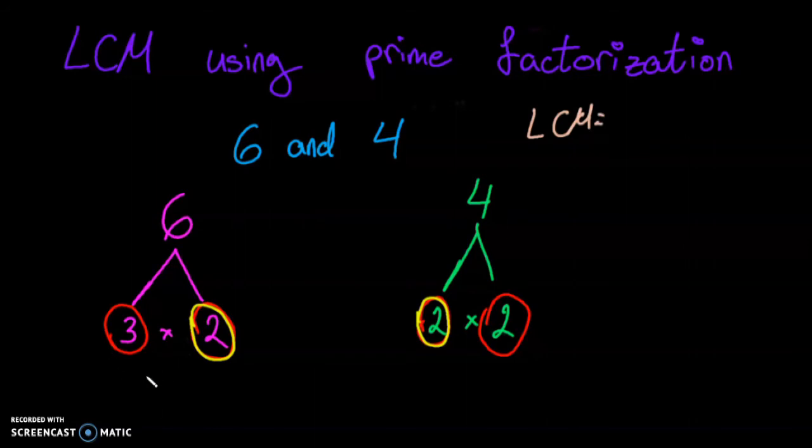is all the numbers in red, so 3 here in red, times 2. And now I don't take 2 and 2, I just write times 2 only once. So the numbers in yellow are considered as one number.